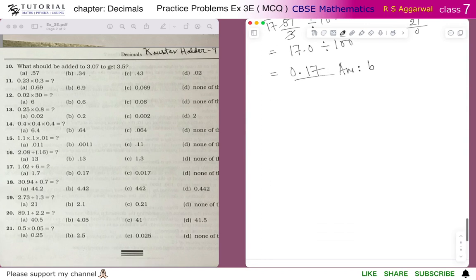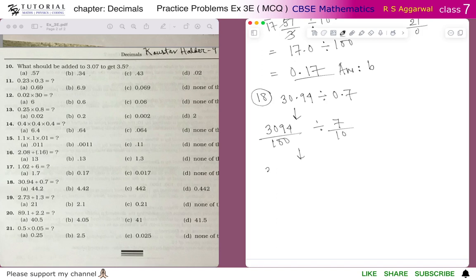Okay, let's do 18. 30.94 divided by 0.7. So this is a division of a decimal number by another decimal number. So first we will convert the decimal numbers to decimal fractions. This becomes 3094 divided by 100, and this is divided by 7 by 10.